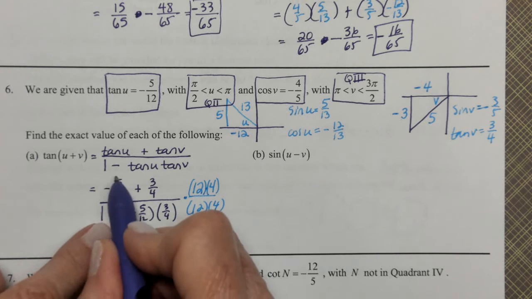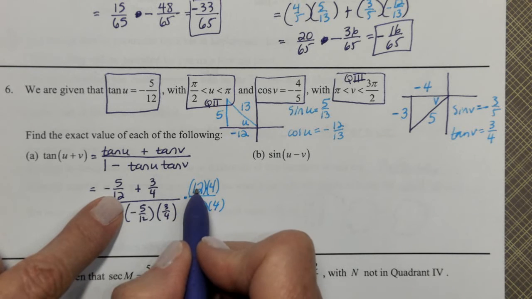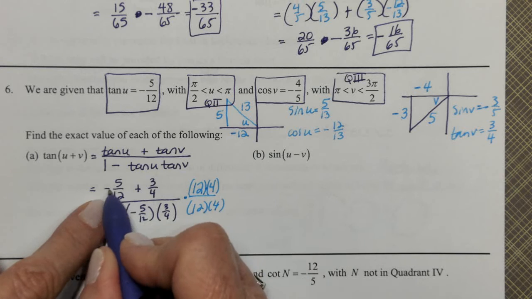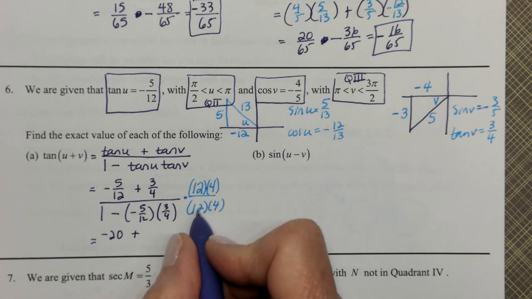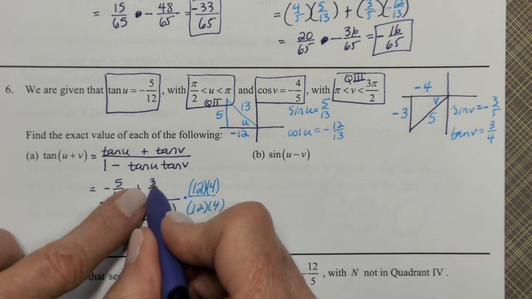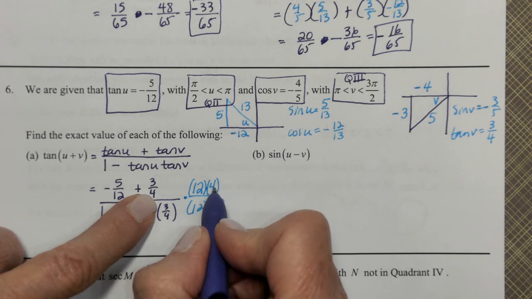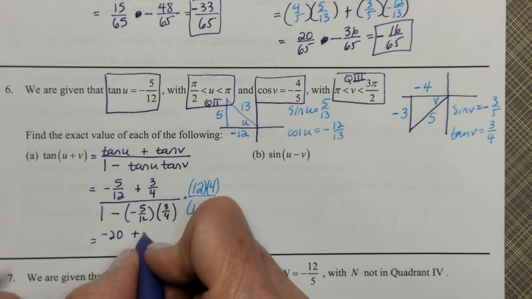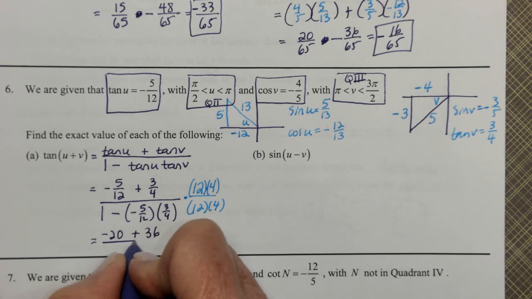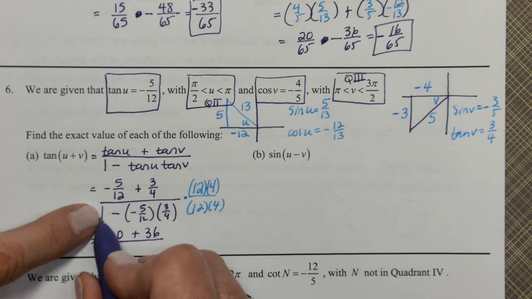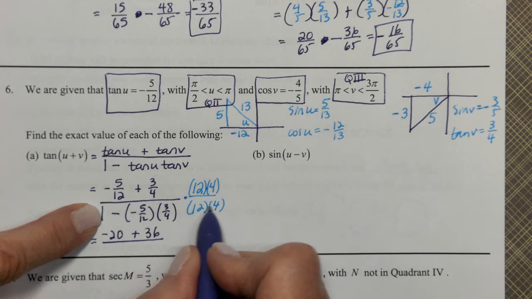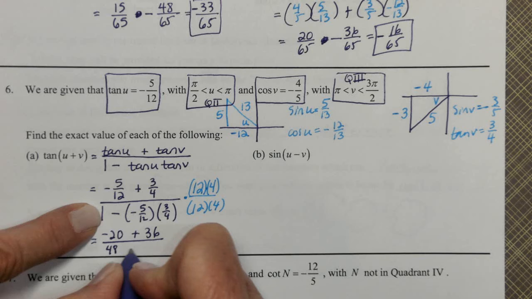So here, for this term, the 12s will cancel, and I'll be left with 4 times a negative 5. For this piece, the 3/4, the 4s will cancel, and I'll be left with 12 times 3. That's why I didn't multiply 12 times 4 and get 48. But here, I just have a 1, so I need to put that 48 over there.